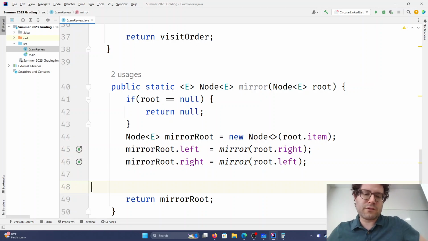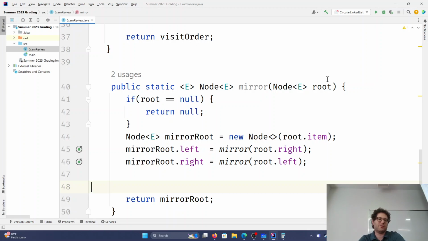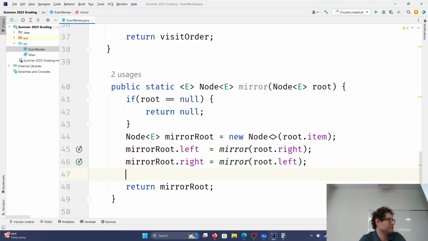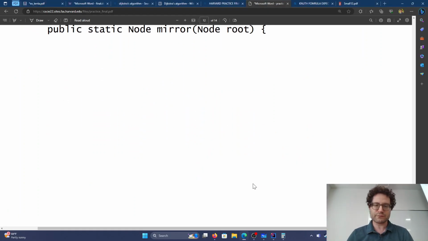So root dot left is going to be the clone of my right node, and mirror dot right is going to be the clone of my left node. And then we tell our children to create clones and swap their own children. So surprisingly short, right? Again, recursive functions are very simple when you think about them that way.